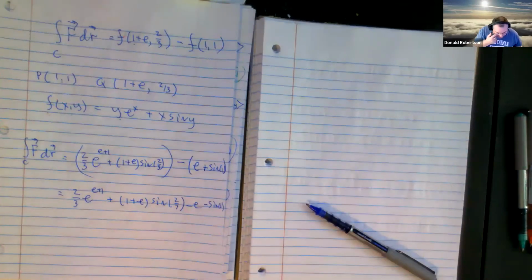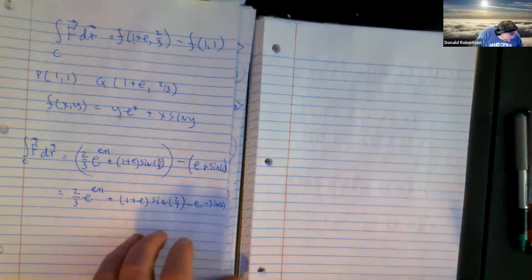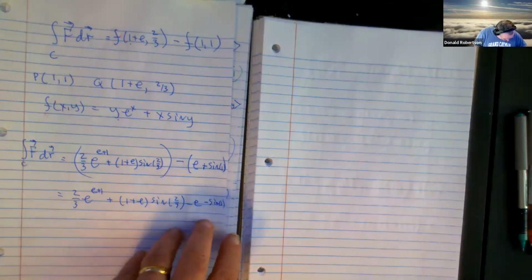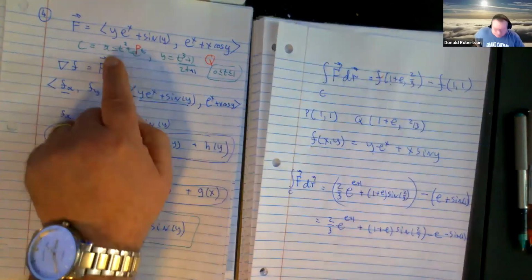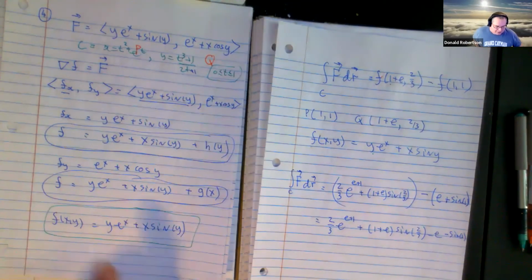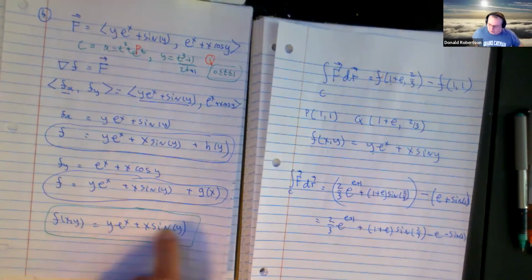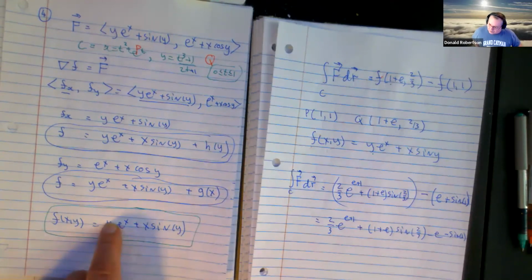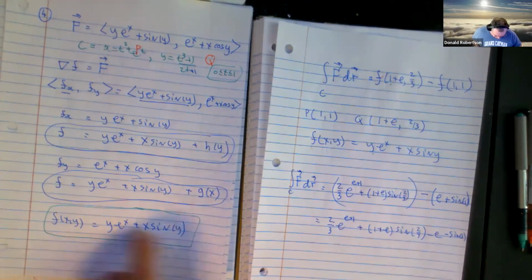So the fundamental theorem essentially says, if you have a conservative field and you're doing a curve, just find out where the curve starts, find out the coordinates of where it finishes, and plug it into the potential function, right? The value where it finishes, take away the value where it starts.